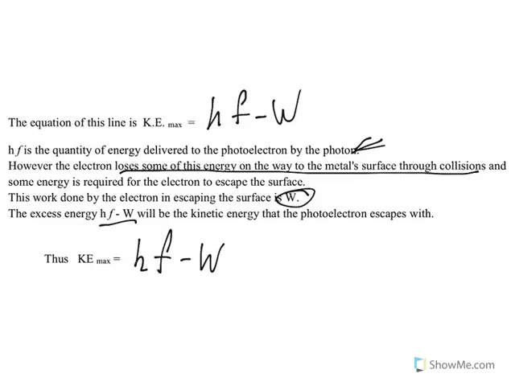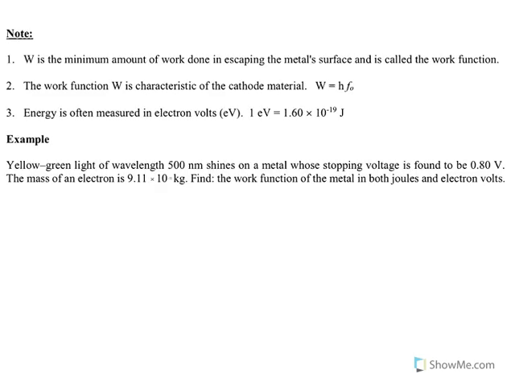There are a couple of little notes about this before we get on to some examples. W is the minimum amount of work done getting to the surface, called the work function. The work function is characteristic of the cathode material, so different material, different work function, and it's hf0.